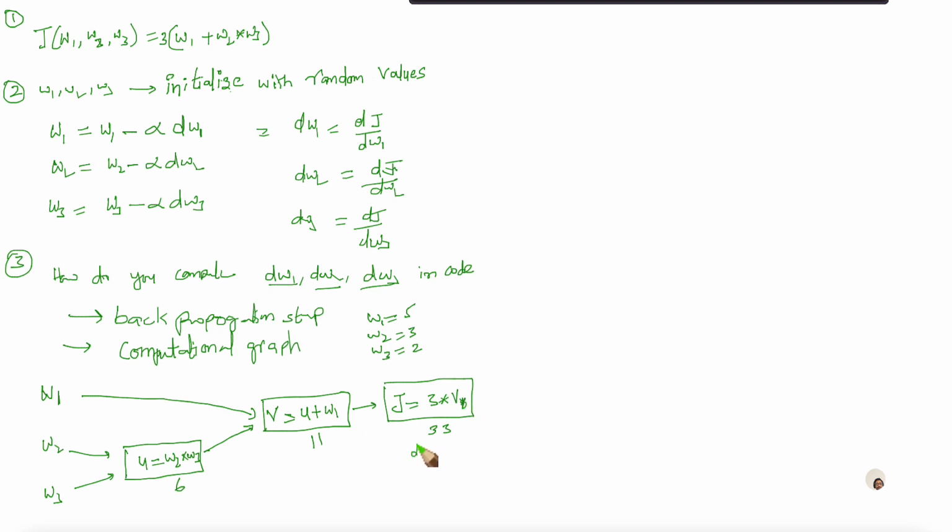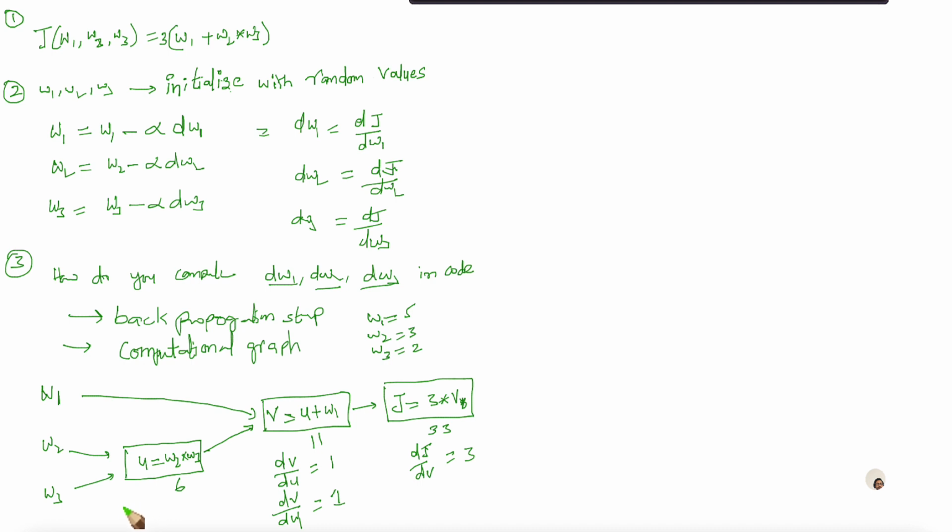And then you can also compute a few things. What is dJ by dv? The differentiation is 3. Here you can compute dv by du, which is 1, and also dv by dw1 is equal to 1.